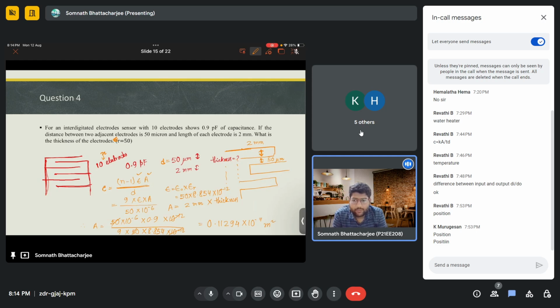So what will be the value of thickness? Let me recheck again, maybe. 0.9 divided by 9, 8.854.